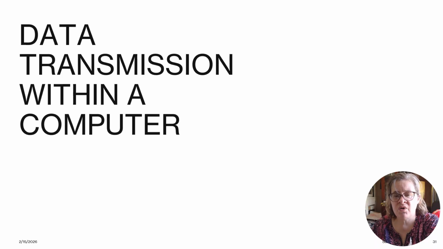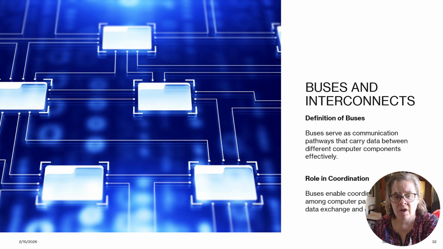Exploring how data moves internally through buses, interconnects, and the importance of timing for synchronization. Buses are the communication pathways carrying data between components, enabling coordinated operation of computer parts.